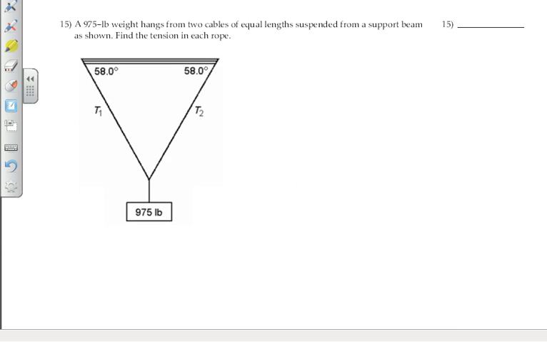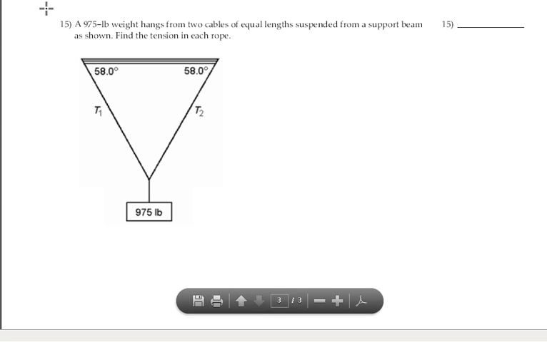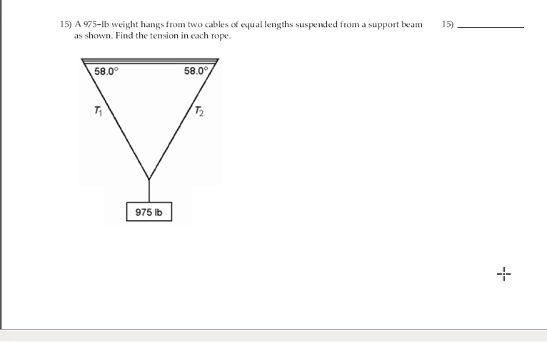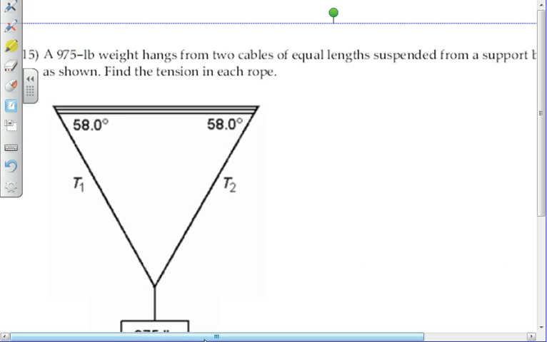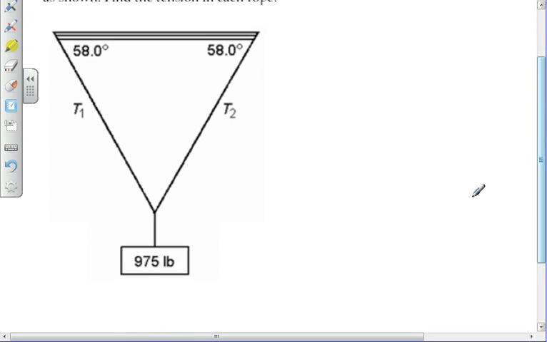All right. Now this comes right out of the physics book, obviously. And all right, so I draw myself a picture, and I've got 945 pounds. Okay, so I'm gonna drop a construction line down this way.